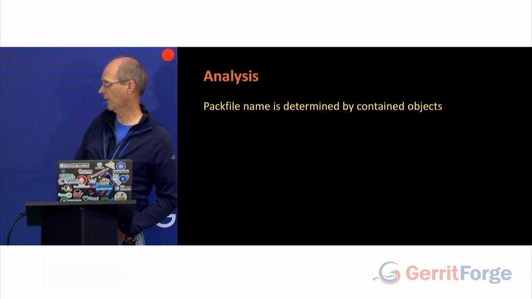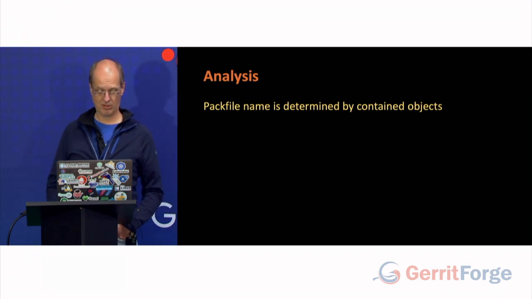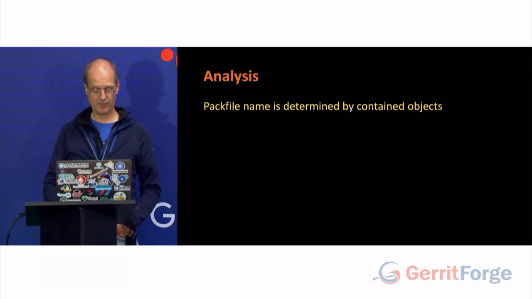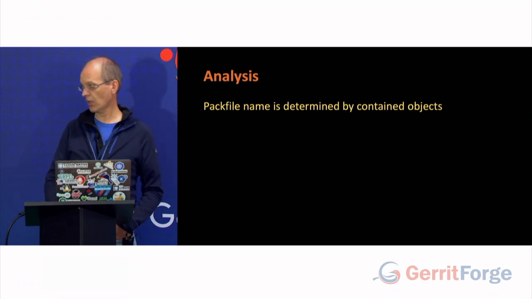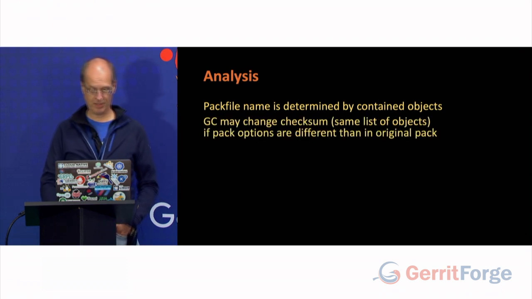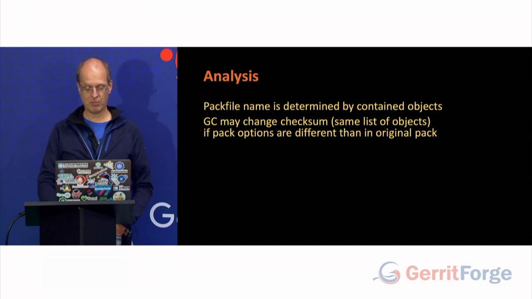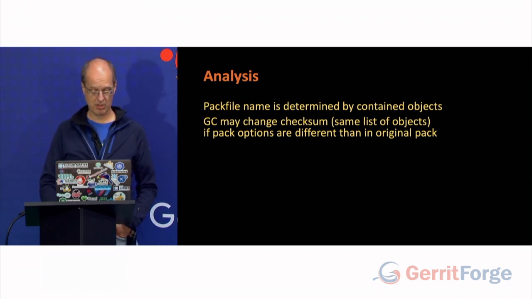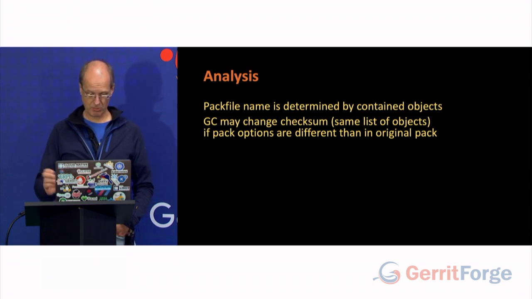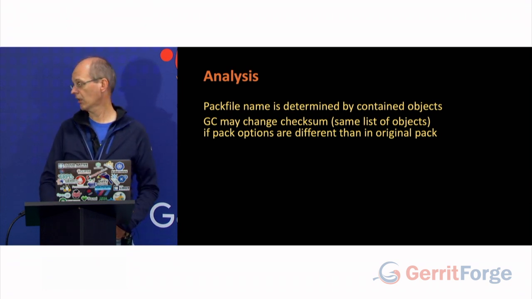When we dug into the code, trying to understand what's going on, pack file name is determined by which objects are inside the pack. And we found that the GC may change the checksum even if the list of objects is the same, if the pack options are different than in the original pack.